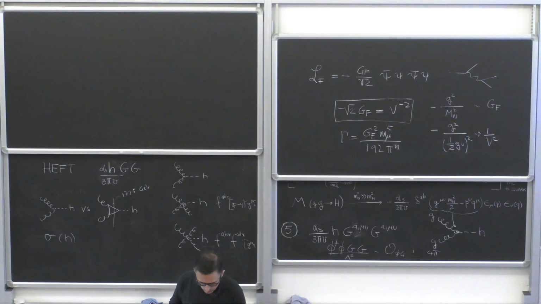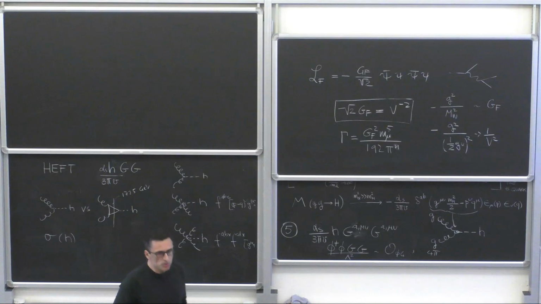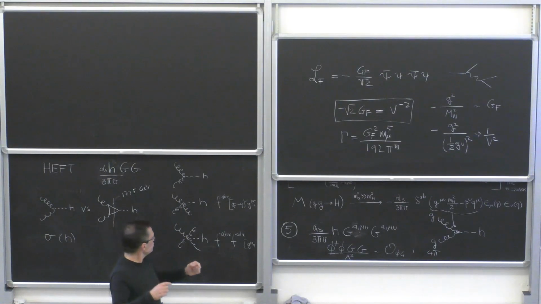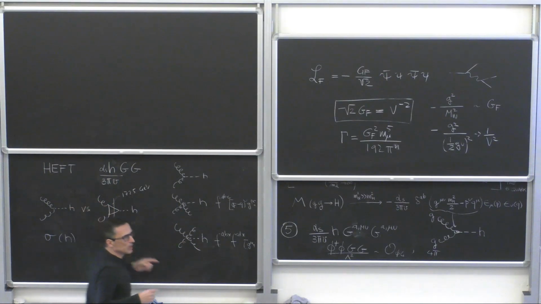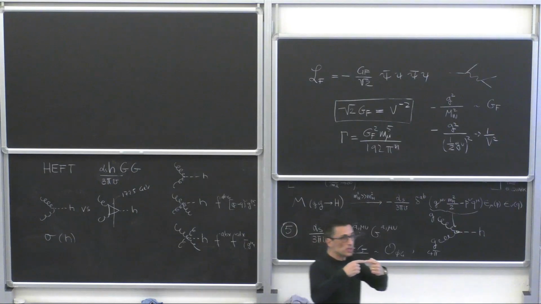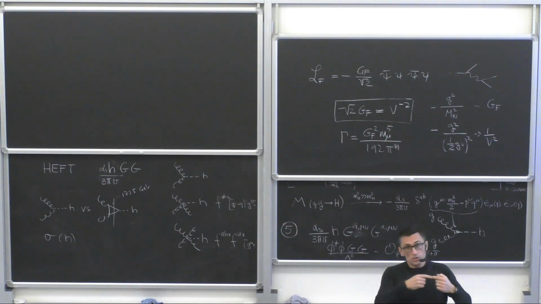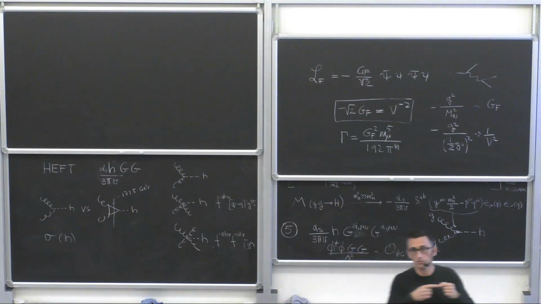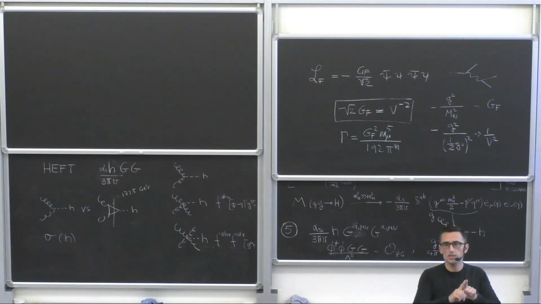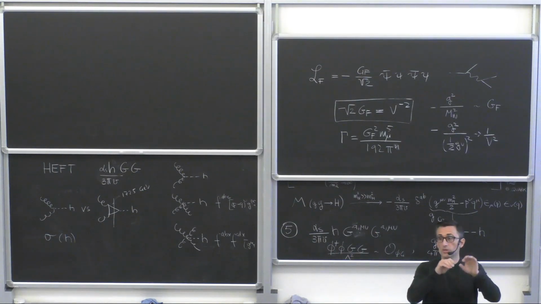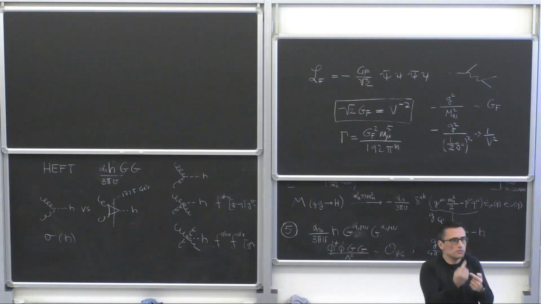Now, when I do a leading order computation, I have gluon gluon to Higgs. In this leading order approximation, the Higgs can only go this way or this way, but it cannot have any transverse momentum at this order in perturbation theory, because I don't have any way of giving a kick.